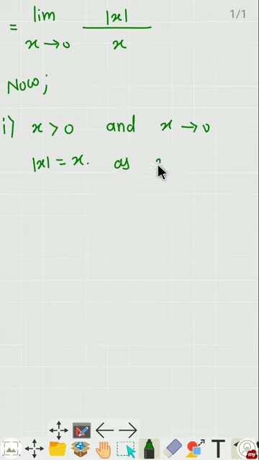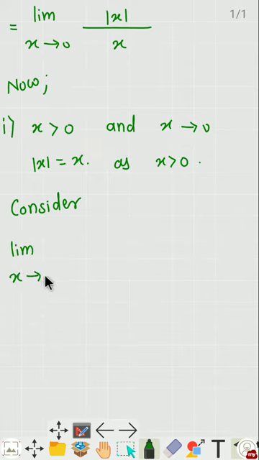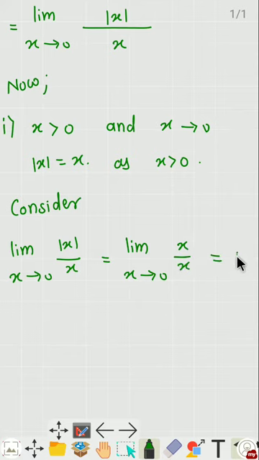Therefore, consider the limit as x tends to 0 of mod x upon x, which is equal to the limit as x tends to 0. In this case, x is greater than 0, so mod x is x upon x, and it is equal to 1.